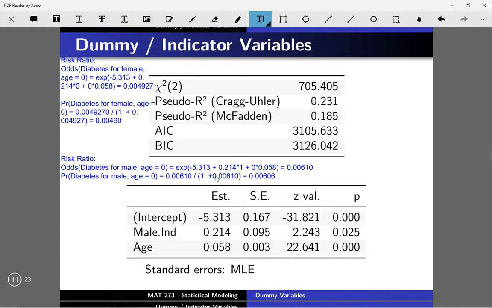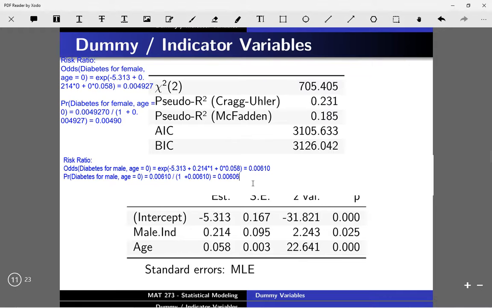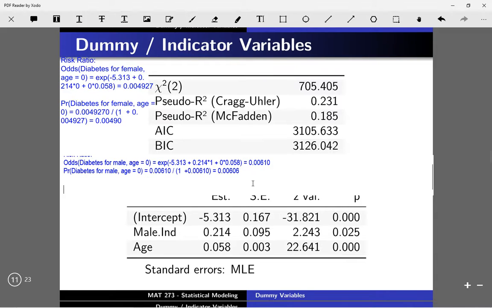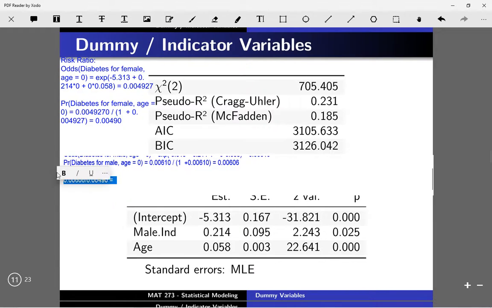So now to get the risk ratio, we do the probability of diabetes for males over the probability of diabetes for females. So it's sort of like it sounds. It's a ratio of the risk of diabetes here.